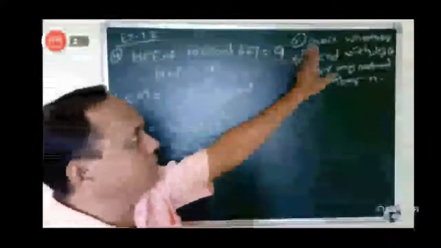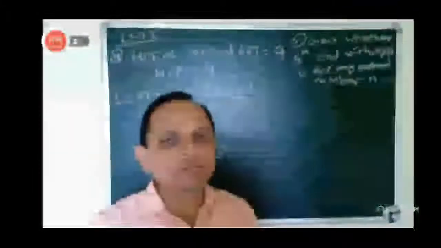Here n is a natural number. It can be checked in two ways.